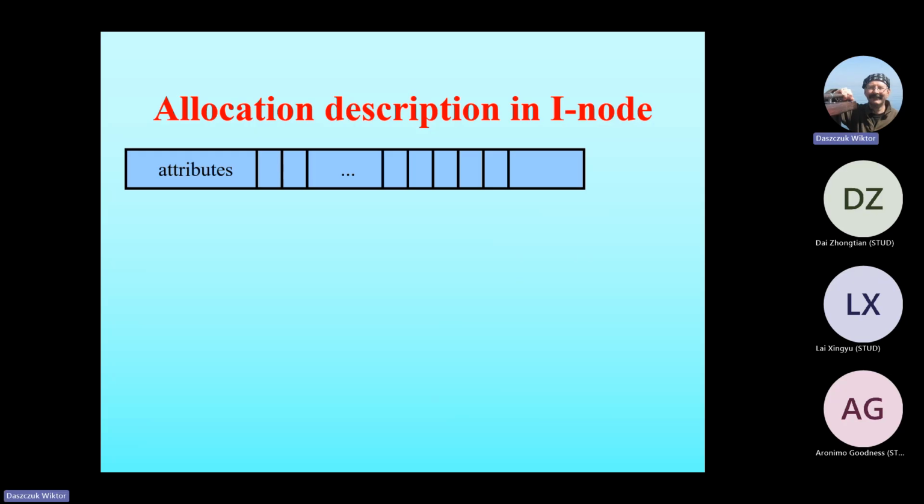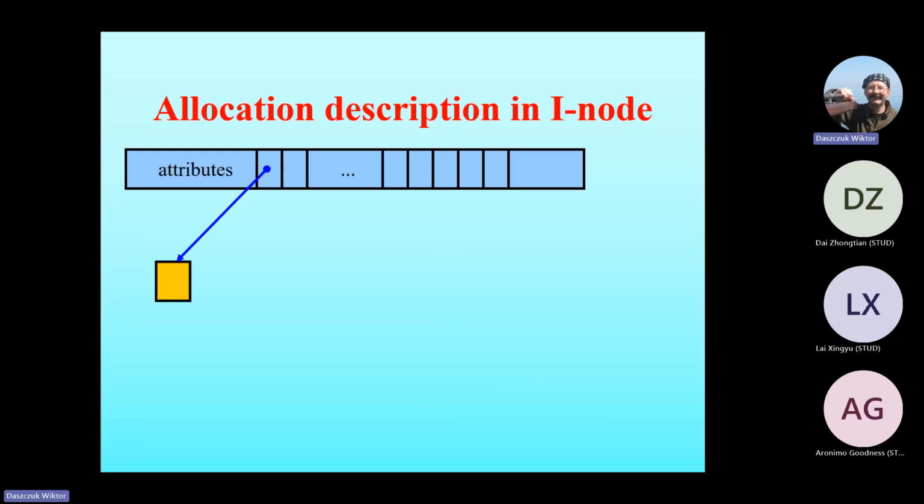The inode specifies some set of attributes with the owner, date of creation, access rights, and so on. And the location on the disk, how the location is defined.